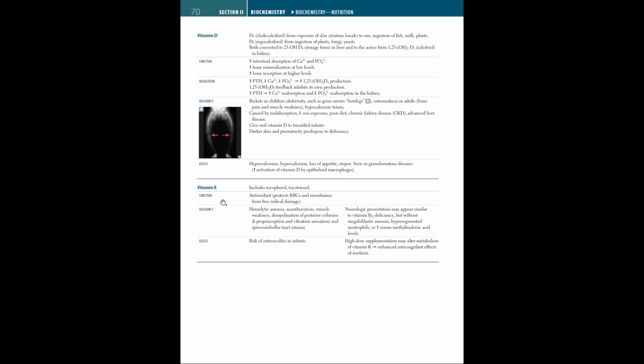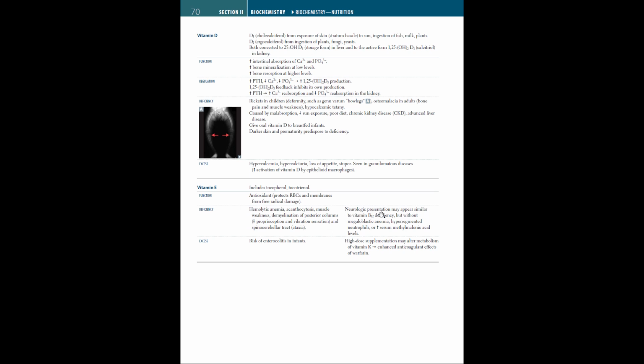Next, we have vitamin E, which includes tocopherol and tocotrienol. And the function of vitamin E is as an antioxidant and it protects RBCs and membranes from free radical damage. Deficiency leads to hemolytic anemia and acanthocytosis, muscle weakness, demyelination of posterior columns, which is a decreased proprioception and vibration sensation, and spinocerebellar tract involvement, or ataxia.